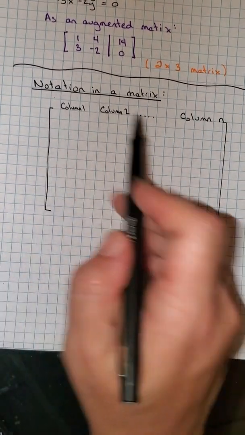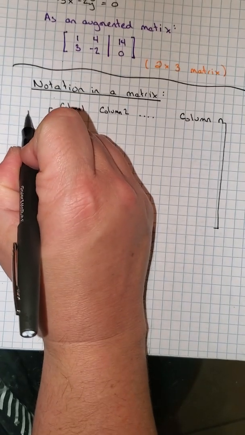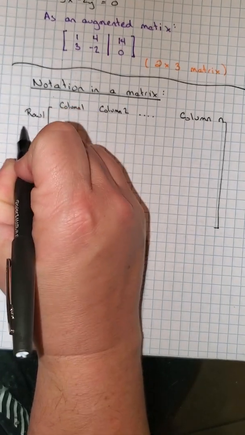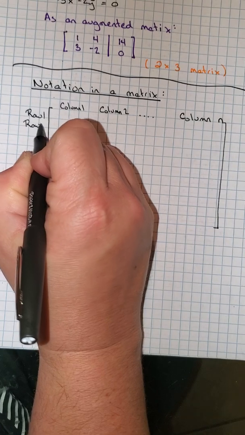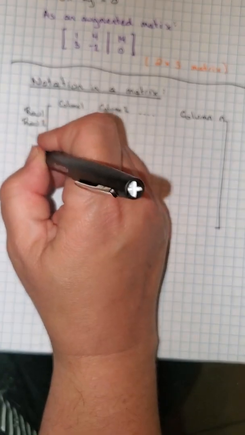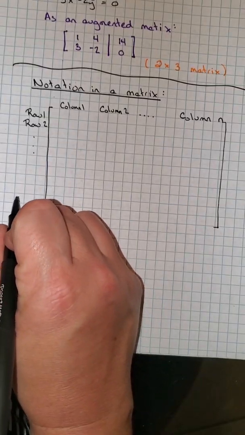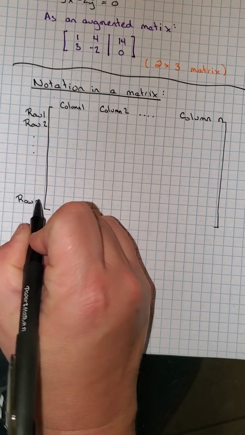The things that go this way will be the rows. So this will be row 1, row 2, and so on. Generically, we'll call the last one row M.